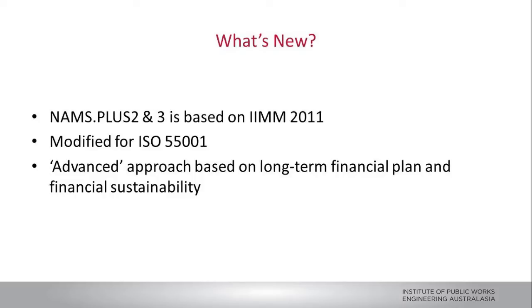The templates are modified to suit the approach of the new Standard for Asset Management ISO 55001 for balancing performance, cost and risk in preparing asset management plans. The NAMS+ Advanced approach takes the asset management plan, balances it with the long-term financial plan, and develops service levels that can be afforded by the community.